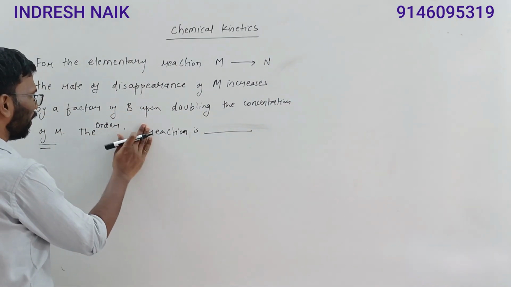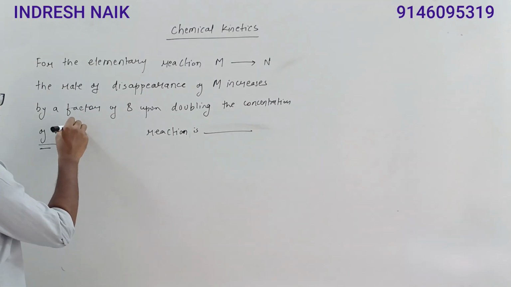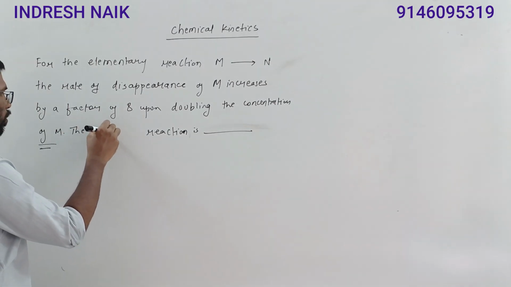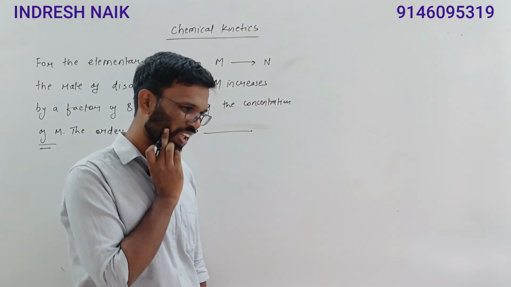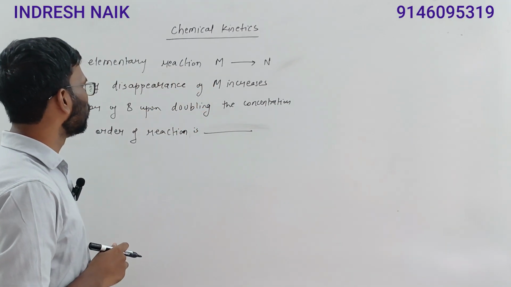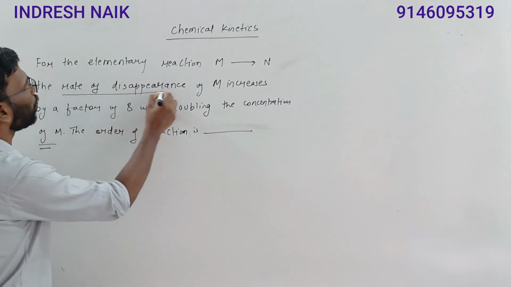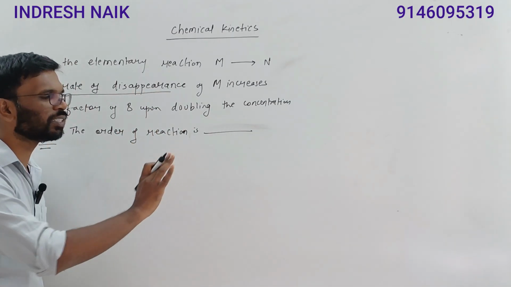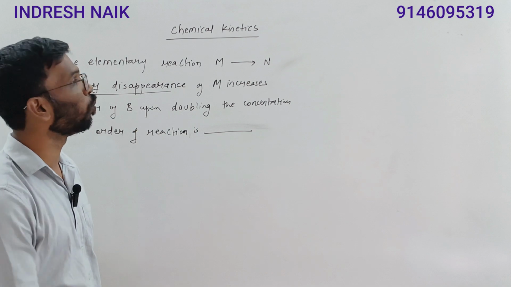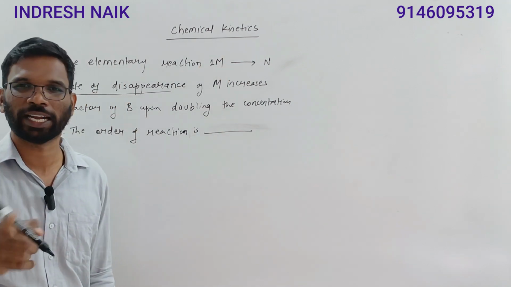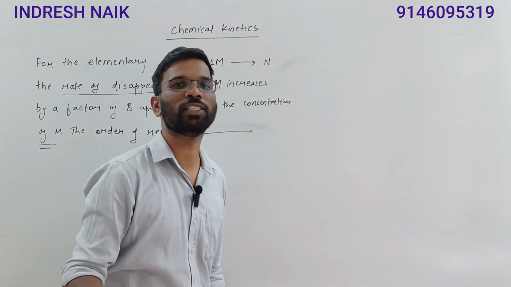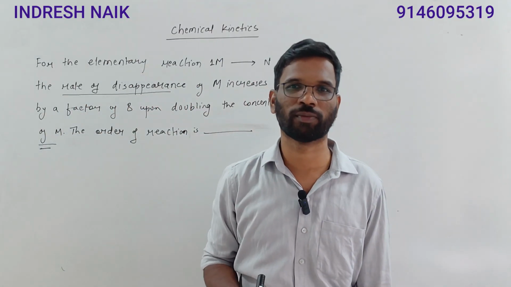The order of reaction is dash. They have mentioned rate of disappearance of M. In this case, rate of disappearance will be equal to rate of reaction because the stoichiometric coefficient is 1. If that is not 1, then rate of disappearance is not equal to rate of reaction.